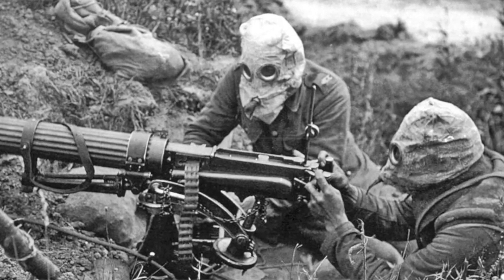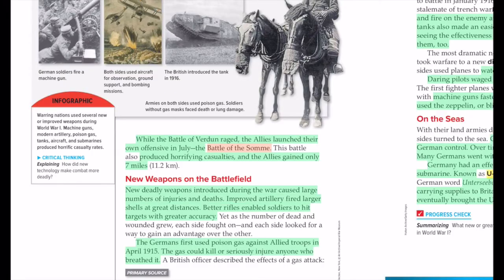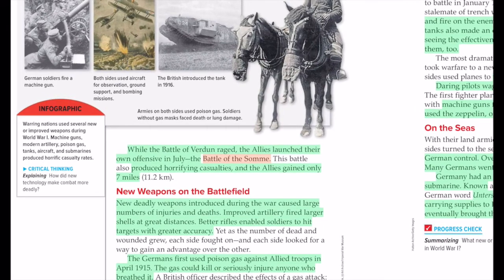Poison gas was one of the major things. The Germans started it, and it was effective, so then the Allies also developed poison gas so they could be equal in the fighting.